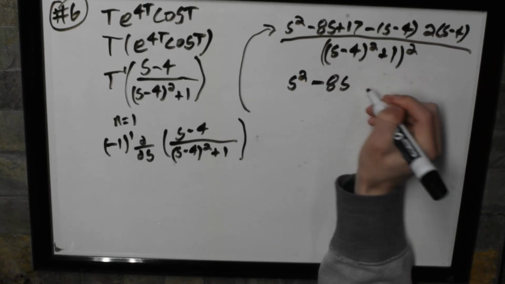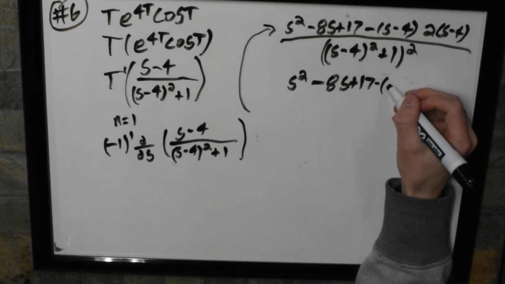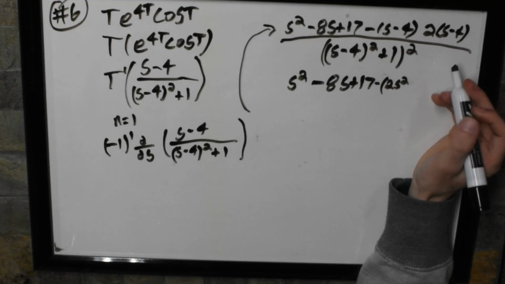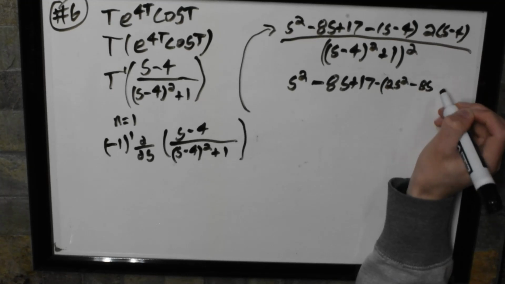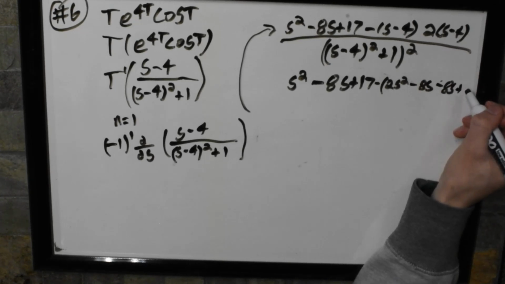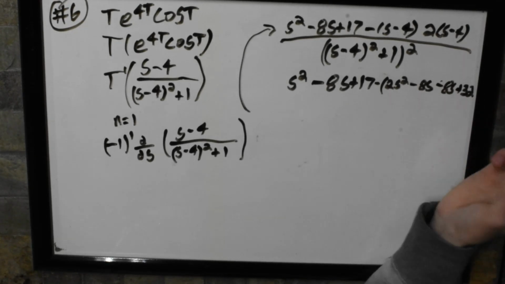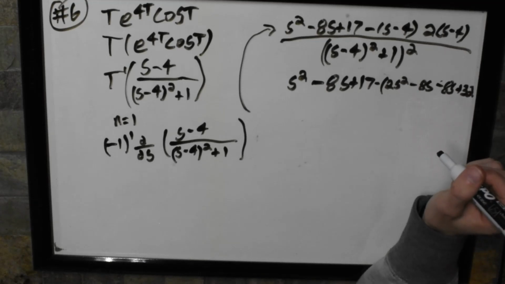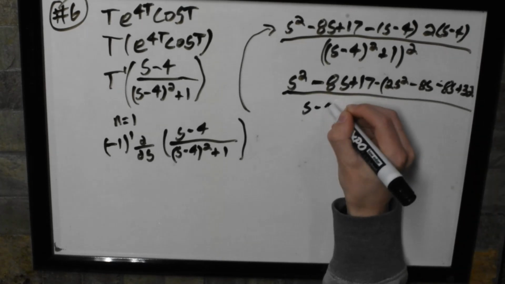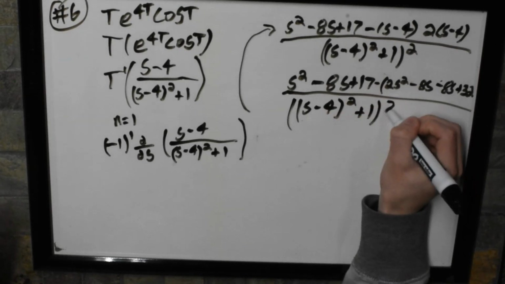So s squared minus 8s plus 17 minus 2s squared minus 8s minus 8s plus 16, or 32. Okay, not too bad. Yep, all makes sense. Okay, so over s minus 4 squared plus 1, all of this of course squared.